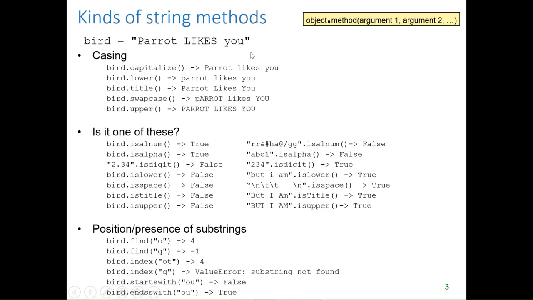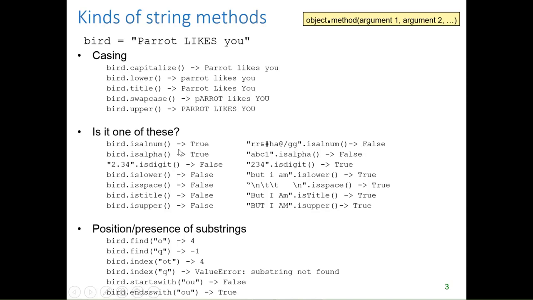Notice you want to say object.method, and the object in front of the dot can be a string variable that you've set up beforehand, like Parrot likes you, and as we've done here, bird.isalnum. But it can also be a string literal. So you can say, quote, the string that I have in here, dot isalnum, and you get false.